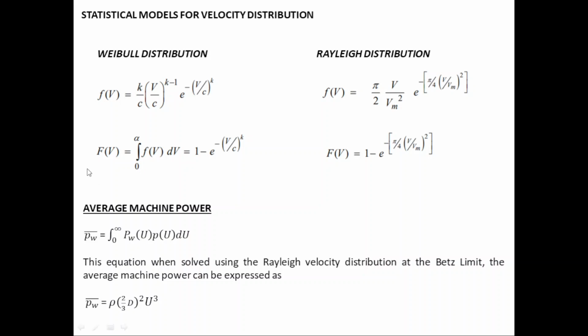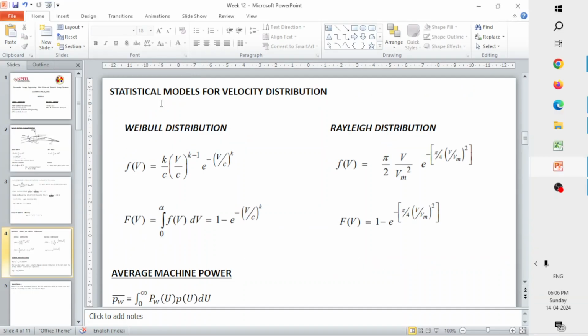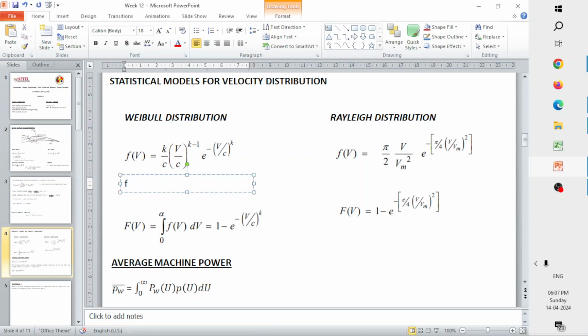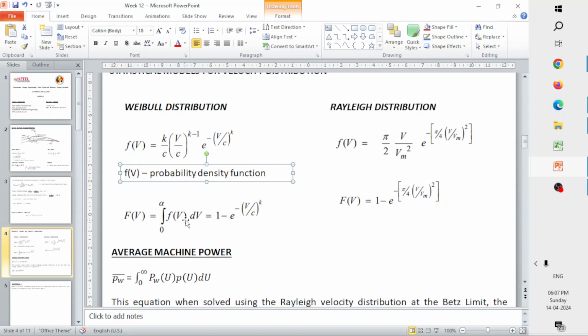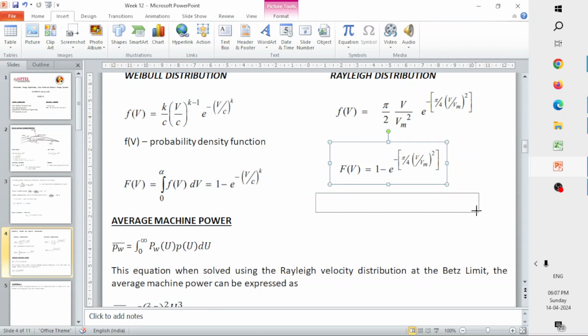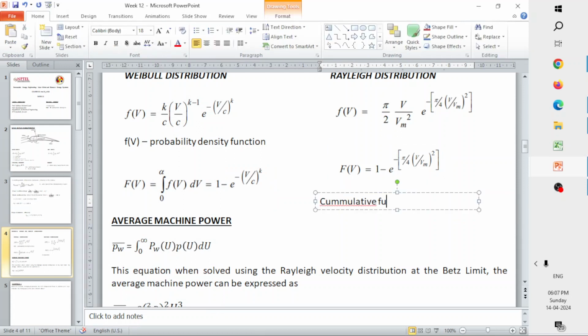The small f of v is called the probability density function, which is similar for both your Weibull and your Rayleigh distribution, and capital F of v is nothing but the cumulative probability density function. Let me just write that down.